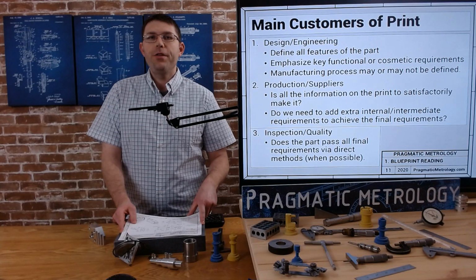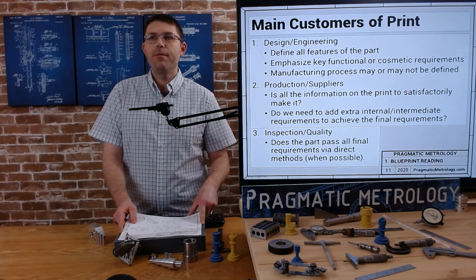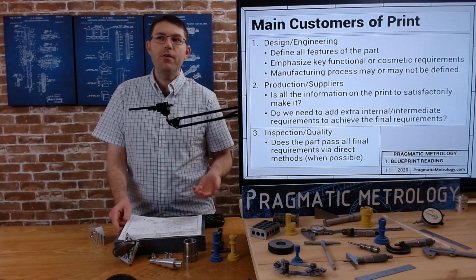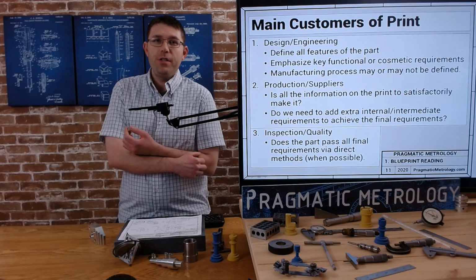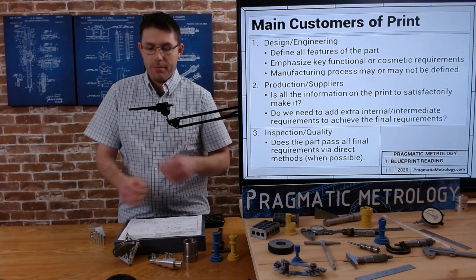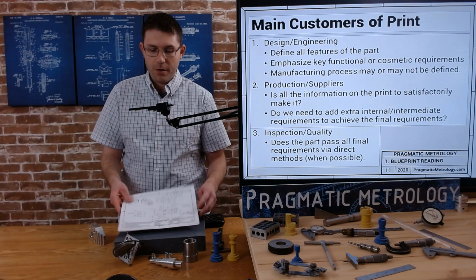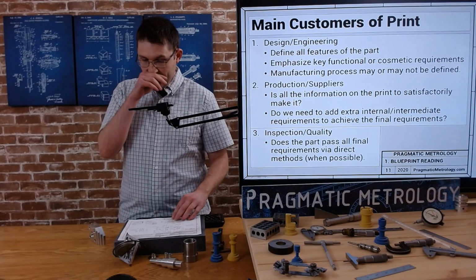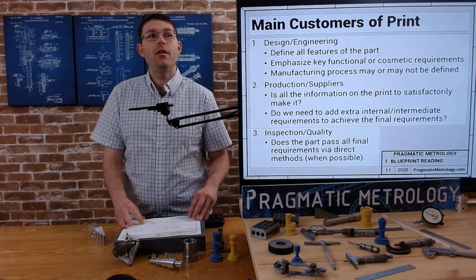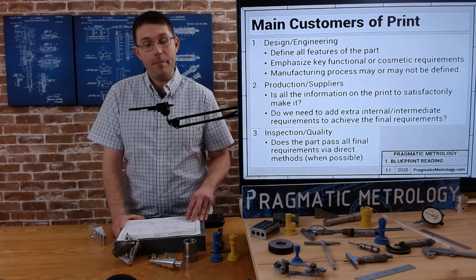That third bullet point there, from the engineering or design perspective, manufacturing processes may or may not be defined, so that can be an area of confusion and even sometimes conflict, where the print has a tolerancing that may not be reflective of the manufacturing method's capabilities.